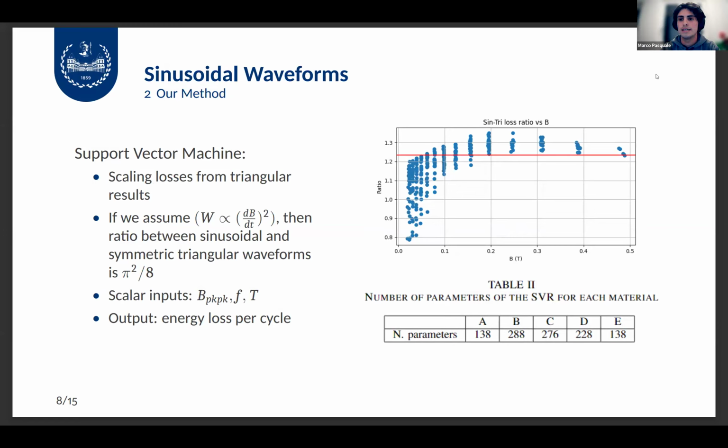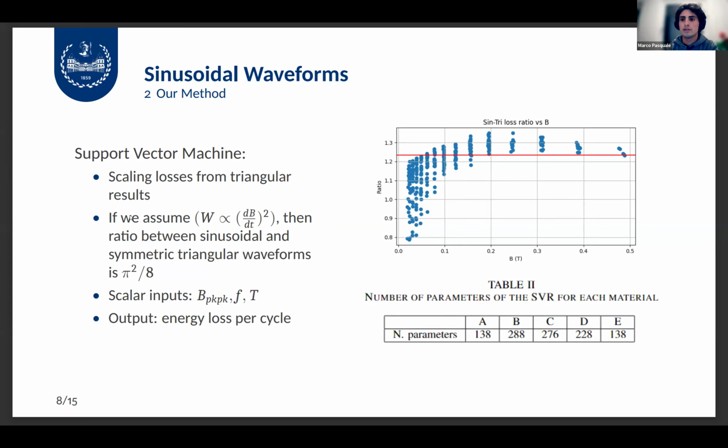This is actually not easy to generalize because it depends on a lot of things: temperature, inductions, frequencies. But it's actually true that at some point it converges. And in this graph, we see that the red line is this value of pi squared over 8, and it converges for higher values of the peak induction. So this is a pretty interesting thing to use.